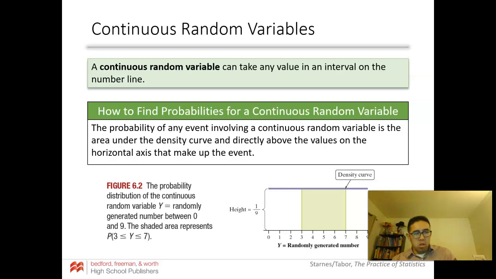It could be 3, it could be 3.01, it could be 3.002, it could be 3.14159, it could be 5.14, it could be anything within this region, any number.